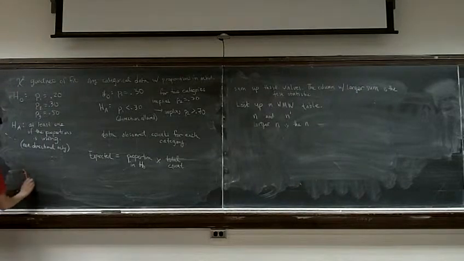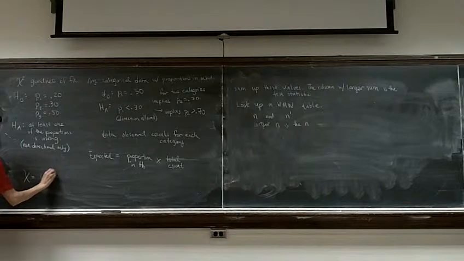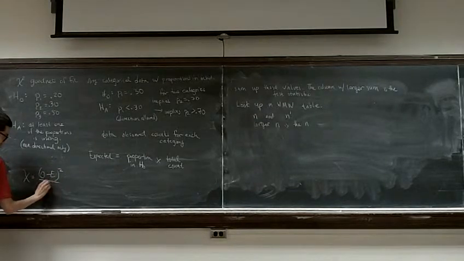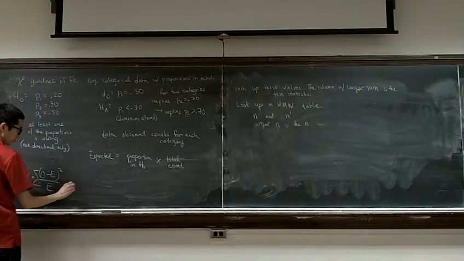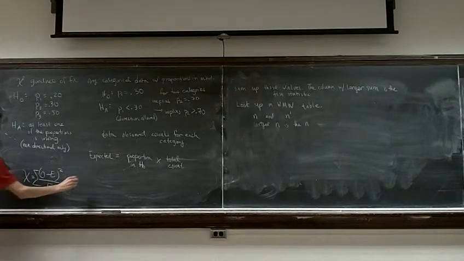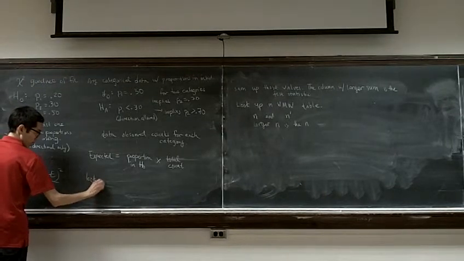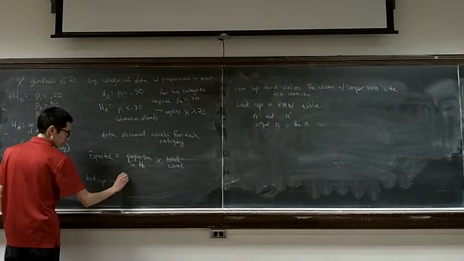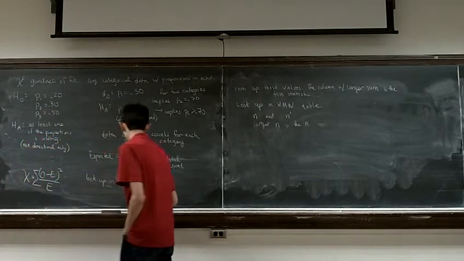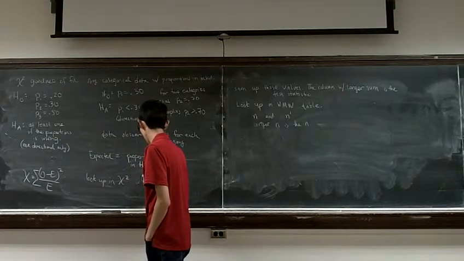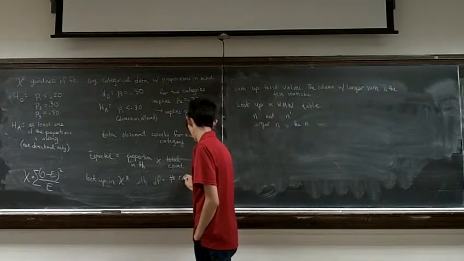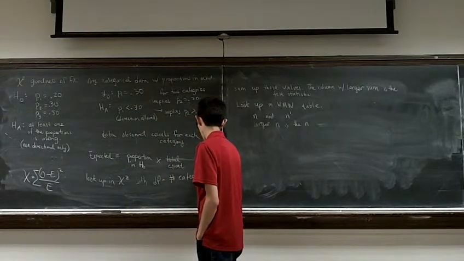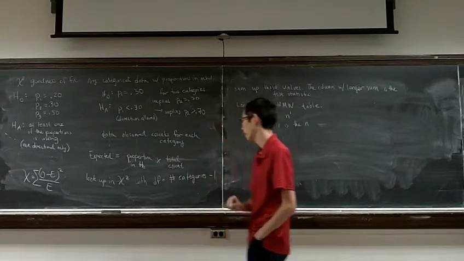And then your chi-squared statistic is going to be observed minus expected, quantity squared over expected, and then summed across all categories. Okay, and look this up in the chi-squared table with degrees of freedom equal to the number of categories minus 1.